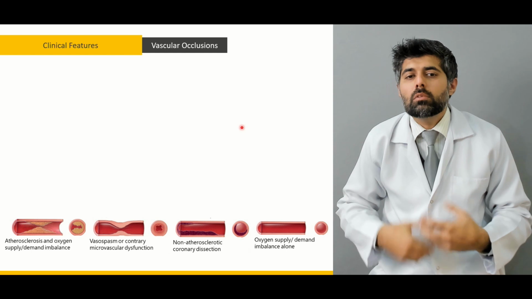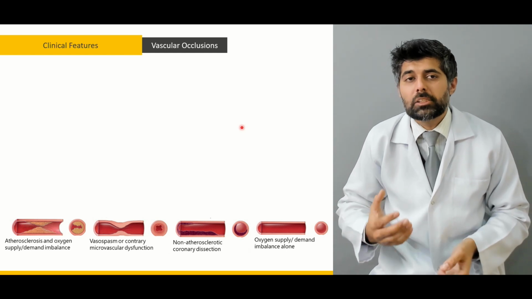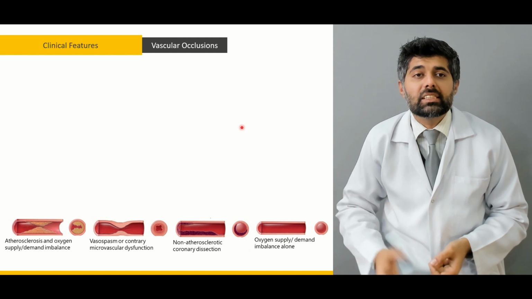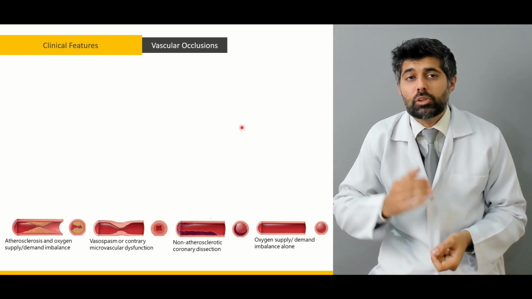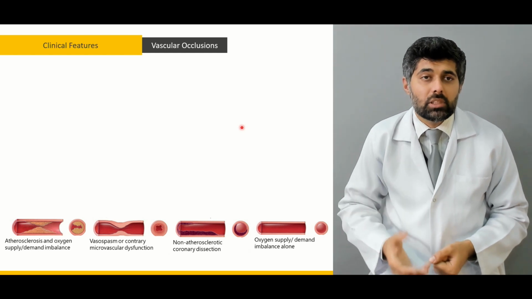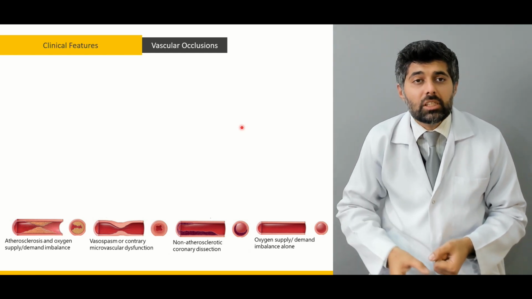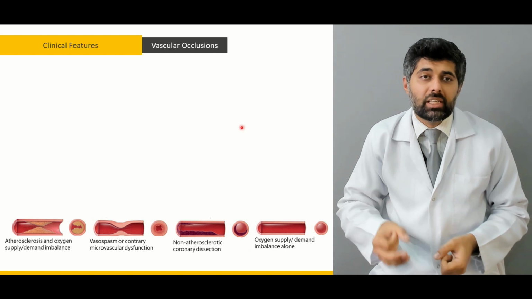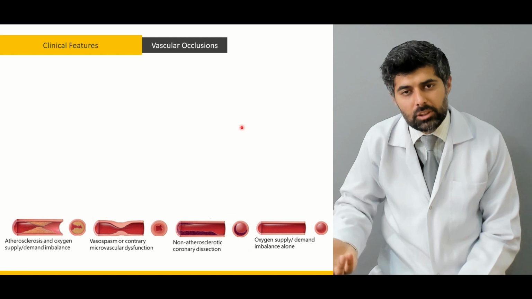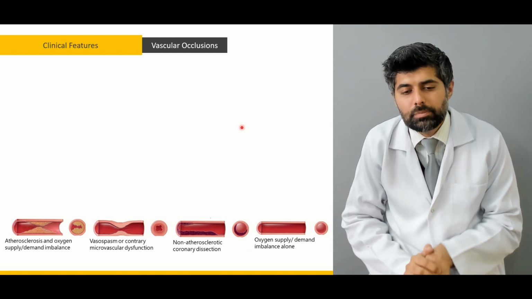Another way vascular occlusion can happen is by spasm. Because arteries have a middle layer composed of muscle, they are prone to spasms, and these spasms result in narrowing of the artery, and this narrowing results in occlusion.